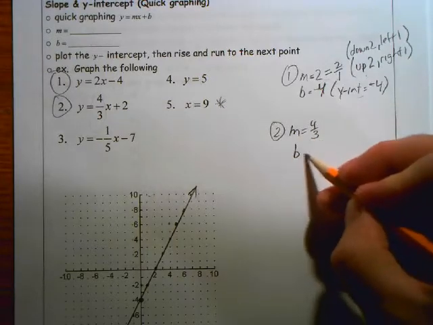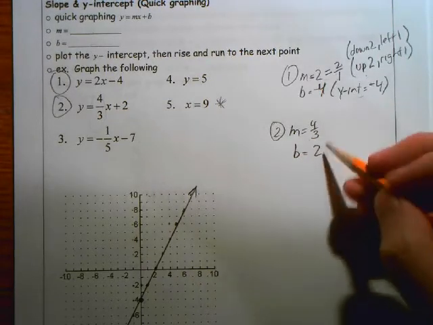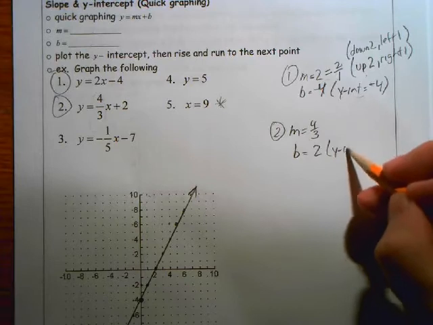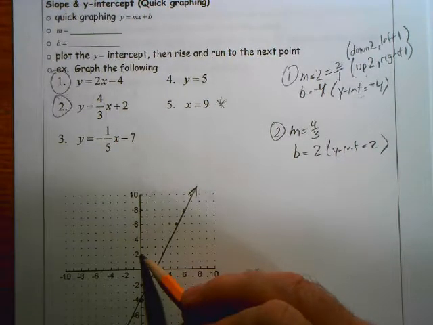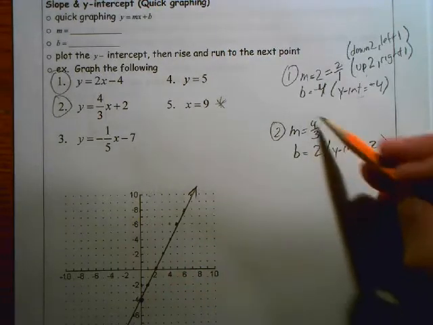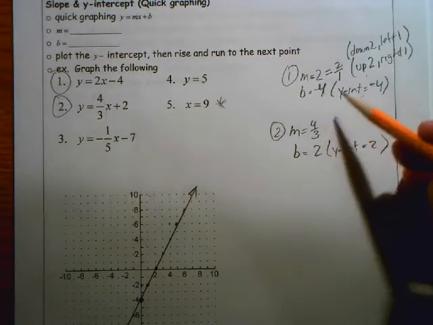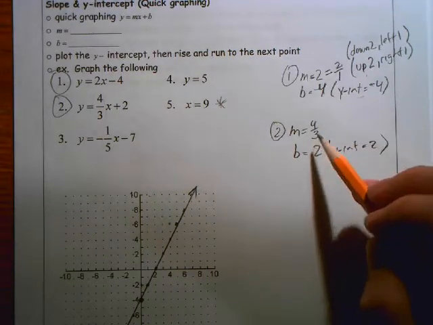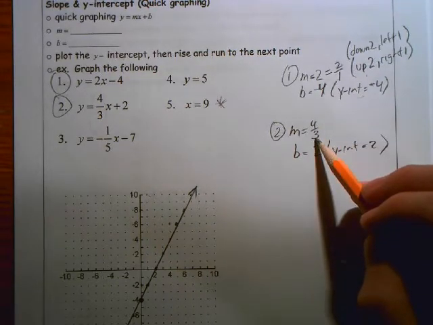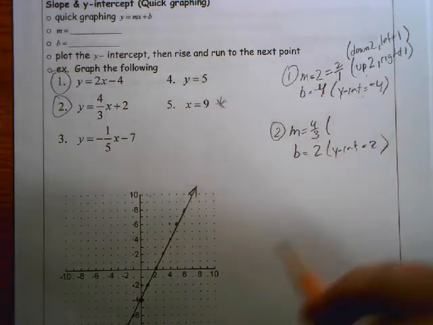And our b value is positive 2. So that means the y-intercept is 2. Okay, so we could right away go plot our point there. Now, how do we handle this fraction? Well, it's the same way we did this, except we actually have a number on the bottom instead of 1. So what are the instructions for that?